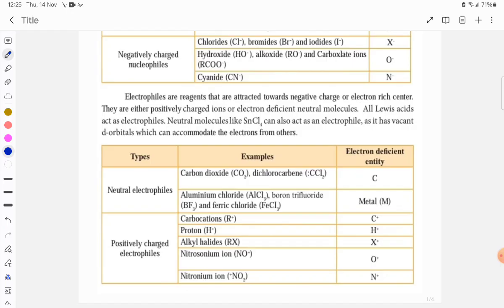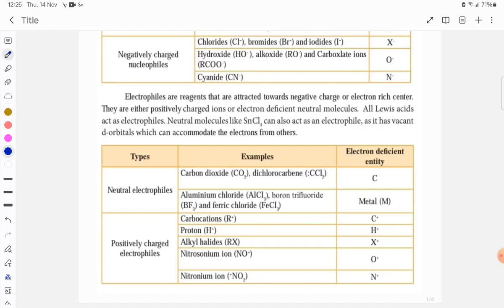And the nitronium ion, NO2 plus, where nitrogen is an electron deficient entity. So these are described as electrophiles, that is, neutral electrophiles and positively charged electrophiles.